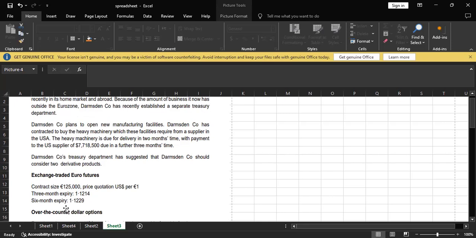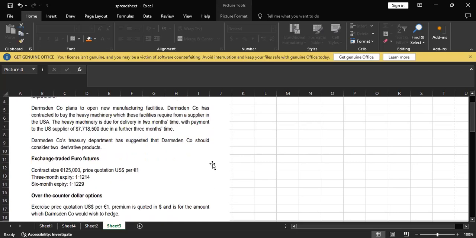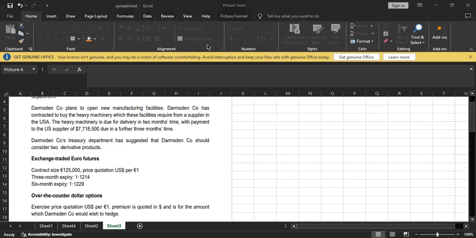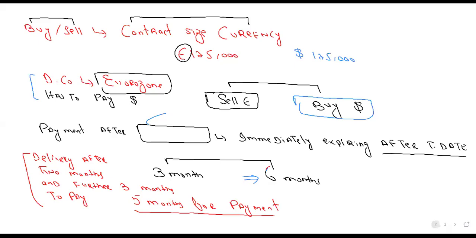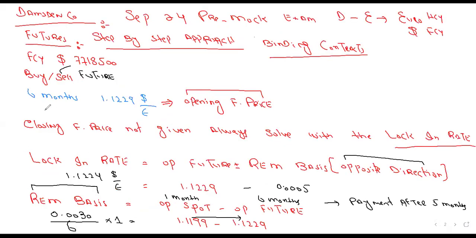Now remember, yes Edwin, very good point, we must compute the number of contracts as well. After this price, there should be the number of contracts. The formula is amount of foreign currency, that is 7718500, divided by contract size.